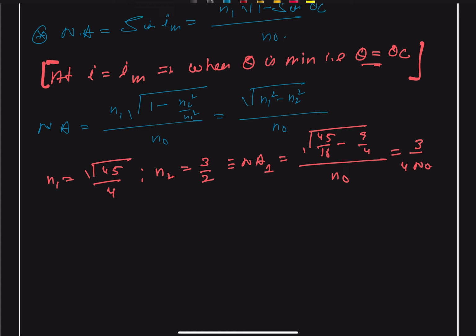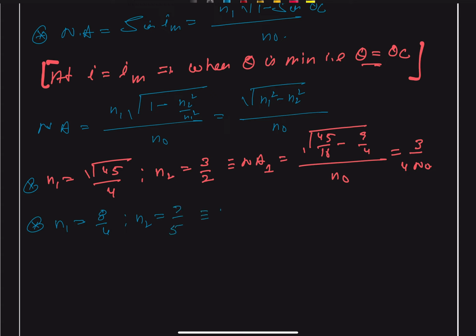Similarly, we can find out numerical aperture 2. For the second part, we are given that our n1 is equal to 8 by 5 and our n2 is given as 7 by 5.